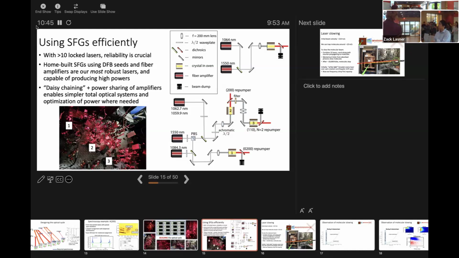And then send the rest of the IR light into another crystal, which is tuned to use the other seed wavelength and get different visible light you want. This actually saves the total experimental complexity and cost quite a bit. You can also share powers from one amplifier. And by playing tricks like this, actually the whole system is pretty reasonable to build.